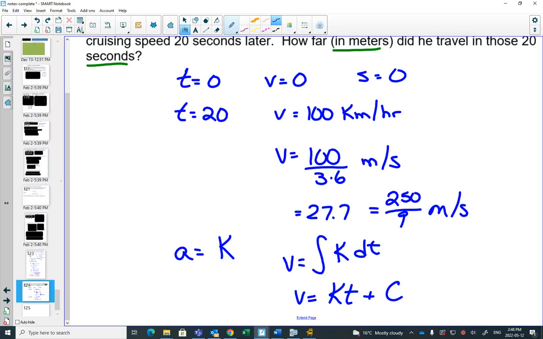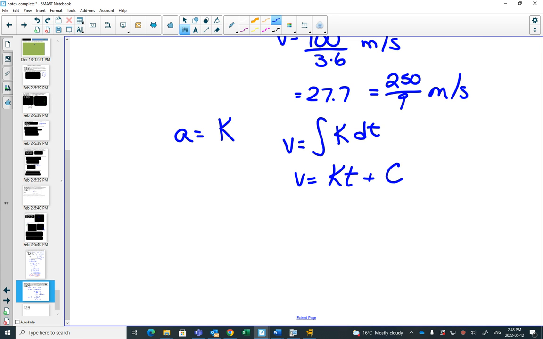I'm not using any formulas. Okay, well, we'll look at it this way first, and we'll see where we go from here.